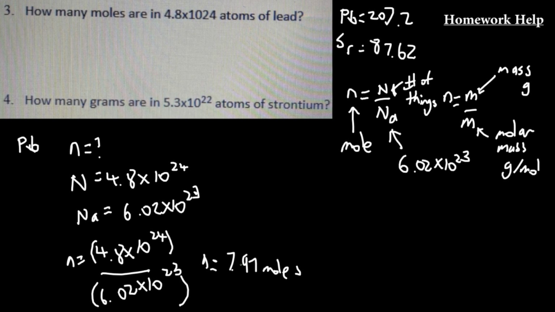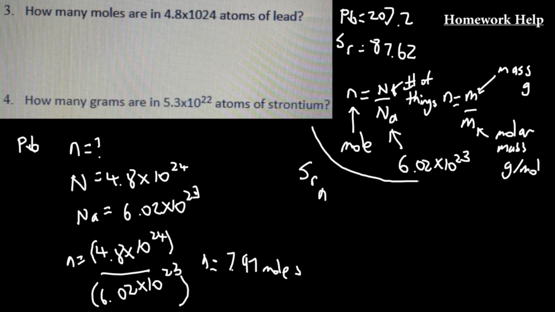Now, for strontium: how many grams are in 5.3 times 10 to the 23 atoms of strontium? So first, we need to figure out how many moles this is. Using the same idea, we have N for strontium. I'm just going to draw a little line here, just to not get confused.